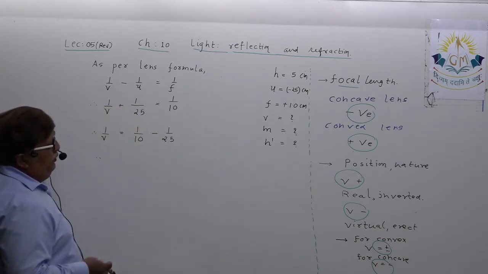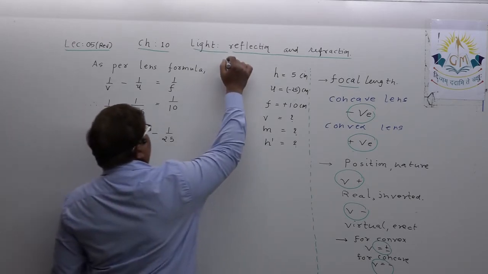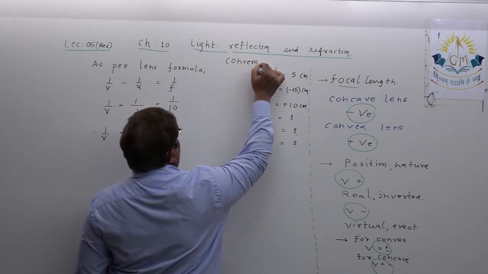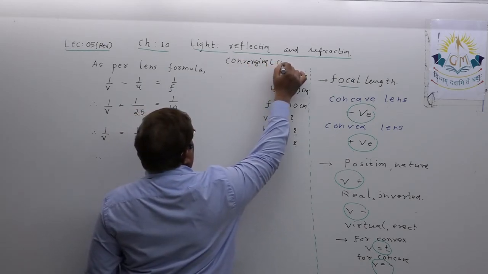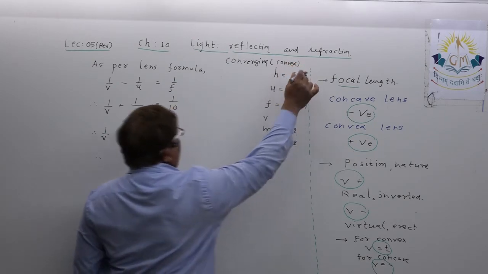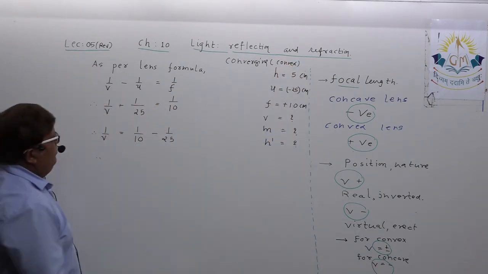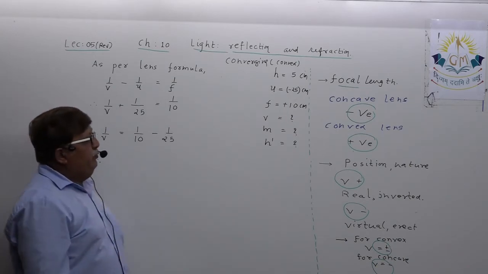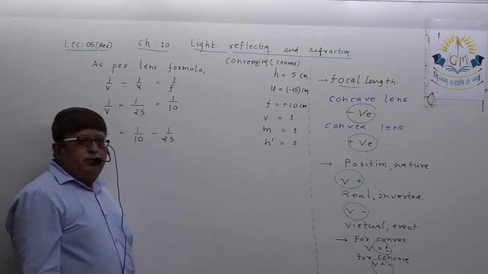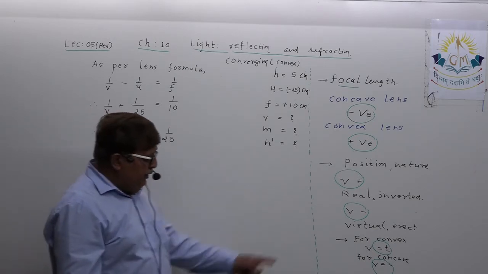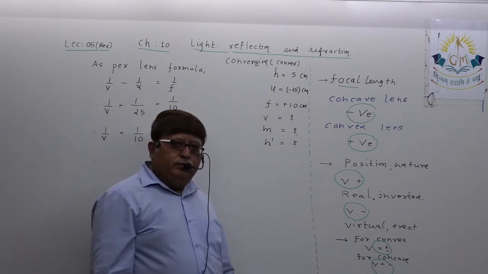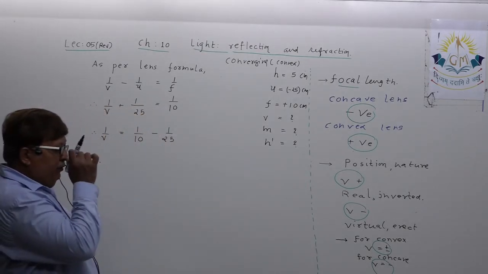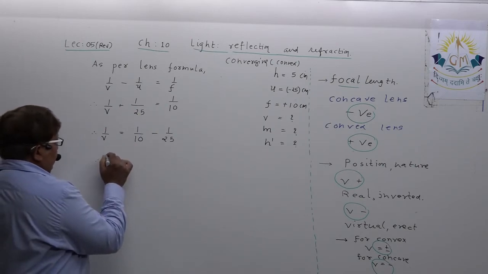Here I just like to mention the word converging. That means, dear student, convex lens. So what about your conclusive analysis? Because it is convex lens, v may come positive or it may come negative. Understood?